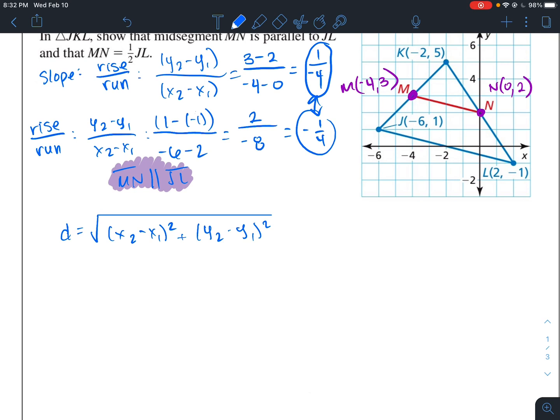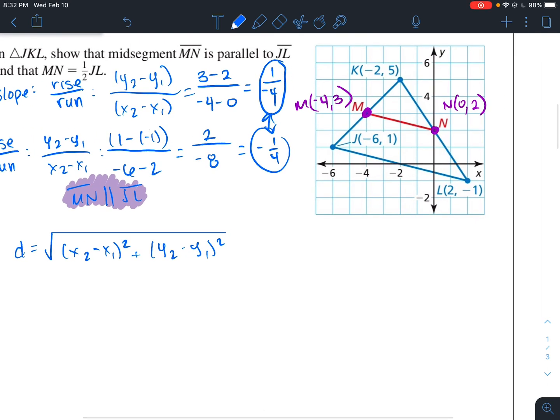Again, you need to make sure that you identify which point is which. So let's say we find the distance for m and n. I'm going to call this one 1 and this one 2.